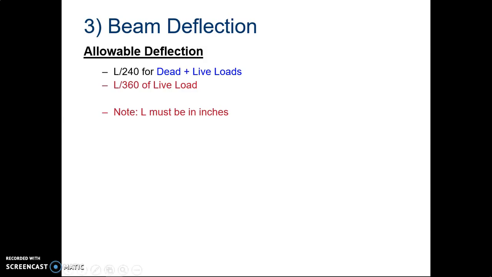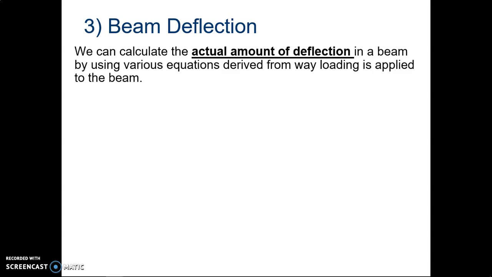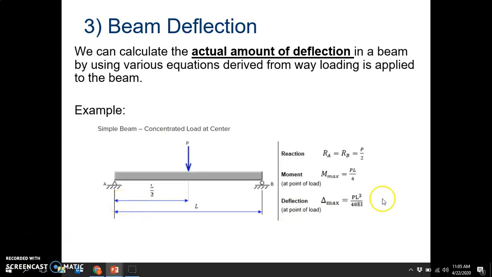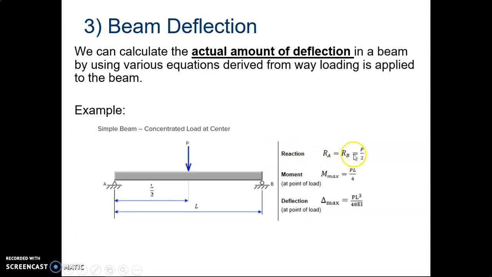Okay, so now we know what the allowable deflection is. How do we know what the actual deflection is? There's various equations based on how it's loaded. Here's an example. Remember when I gave you the beam shortcuts, and then it gave you the reactionary forces and the max moment and the max shear?